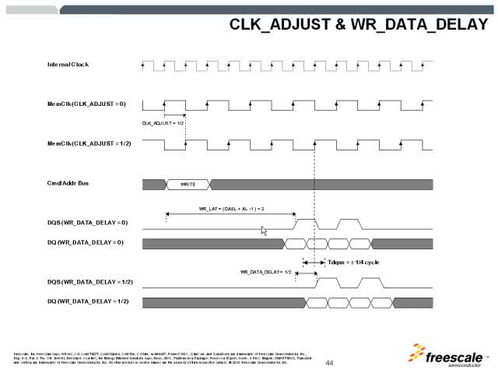So the clock adjust value needs to be set to half, as depicted in here, or you need to adjust it in a fashion where it's centered on the command and address bus. The clock adjust is a register field location in a memory controller where you can select different delay values.